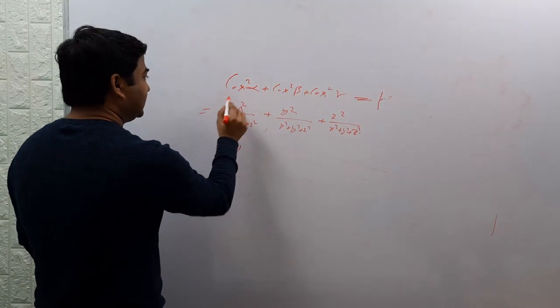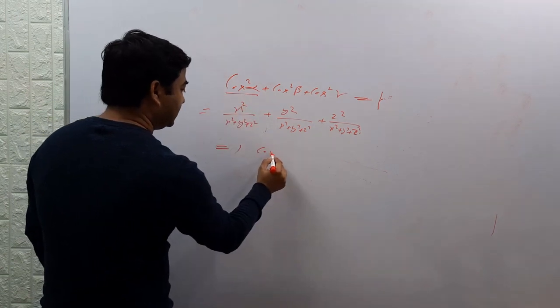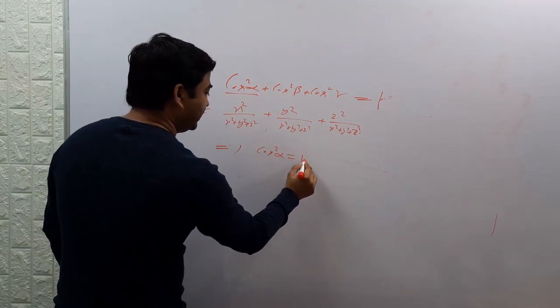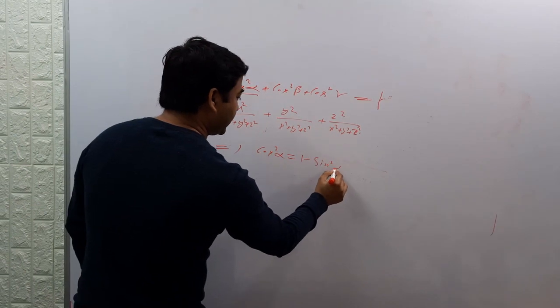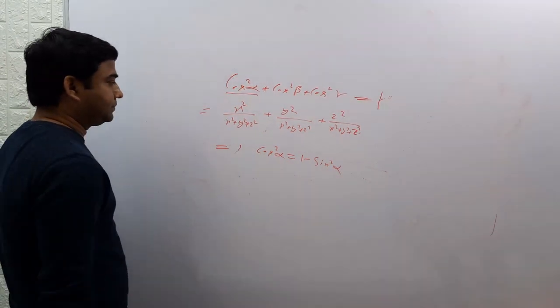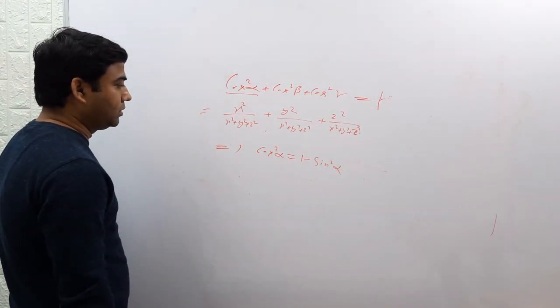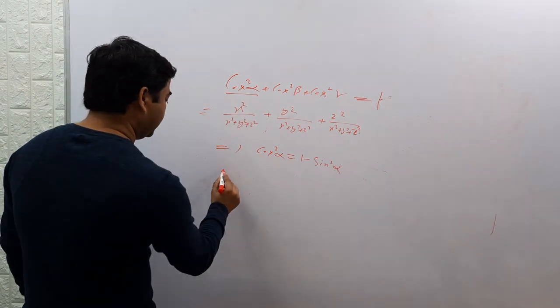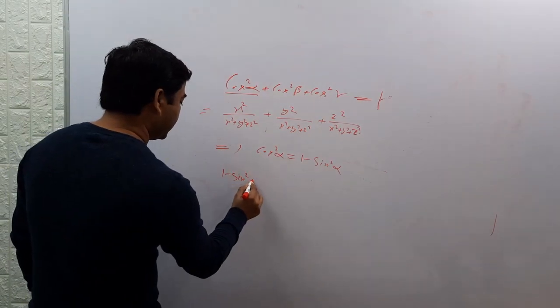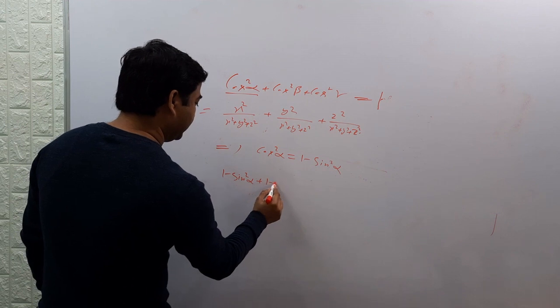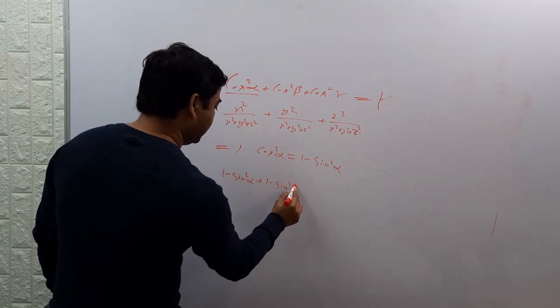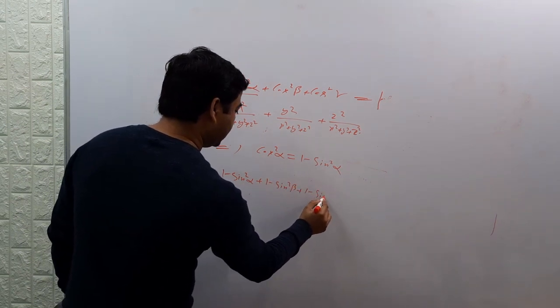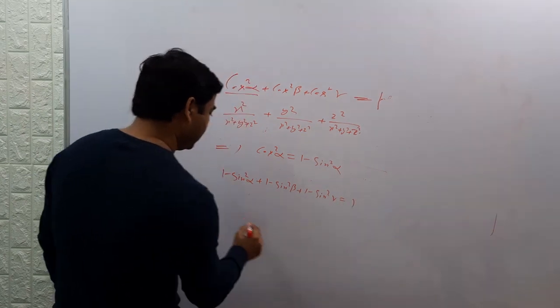Similarly, you can replace cos square alpha with 1 minus sin square alpha. So you can write 1 minus sin square alpha plus 1 minus sin square beta plus 1 minus sin square gamma is equal to 1.